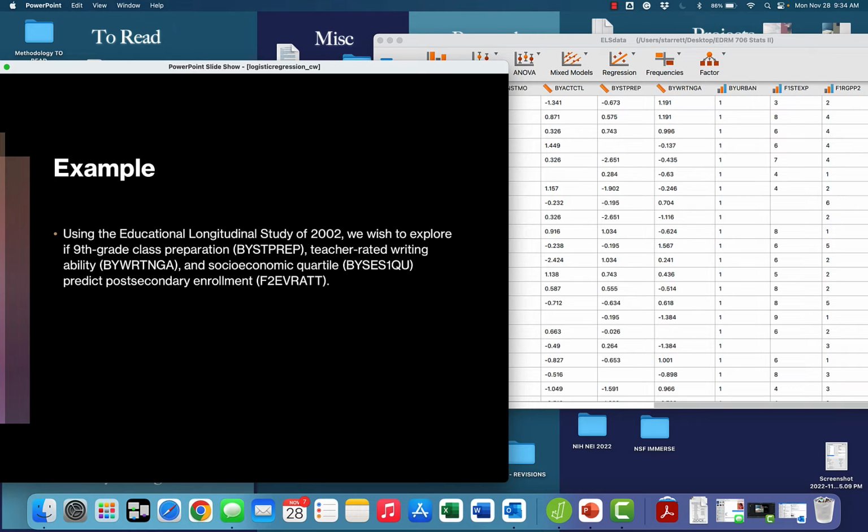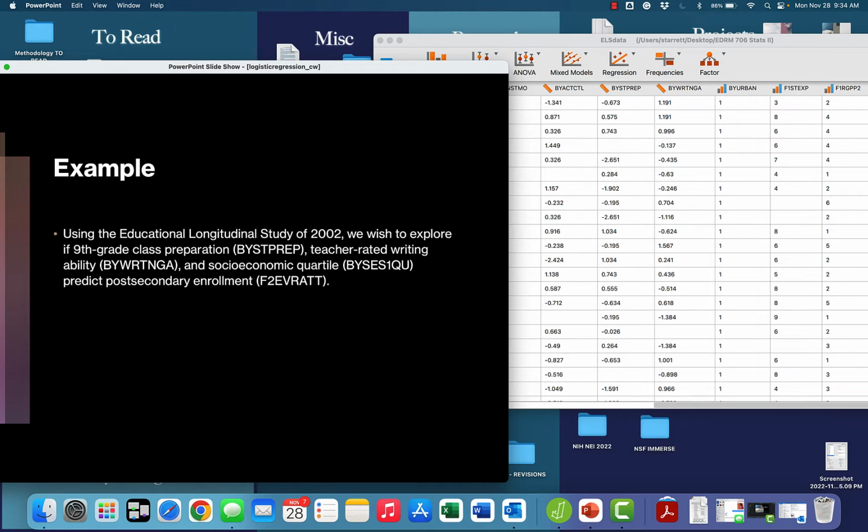Just a little bit of background information here. With the socioeconomic quartile, every student was assigned a value of 1, 2, 3, or 4, where 1 is the lowest quartile for SES, and 4 is the highest SES level.